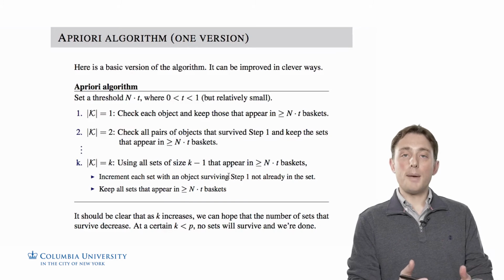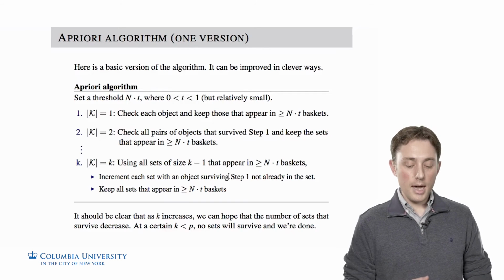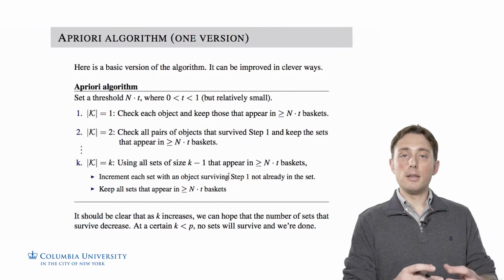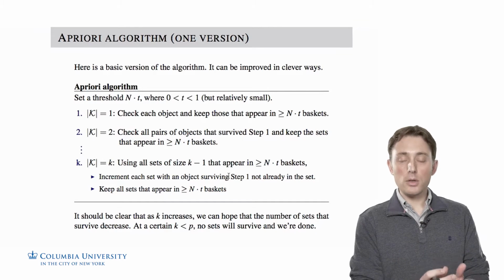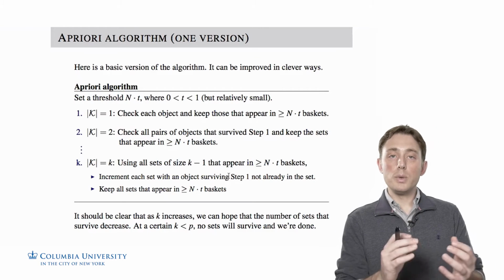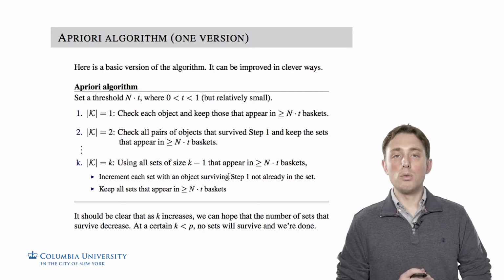We then construct that potential set of interest of size k. We check in our data set whether or not that set of size k appears more than n times t times. If it does, we keep it. If it doesn't, we throw it away.